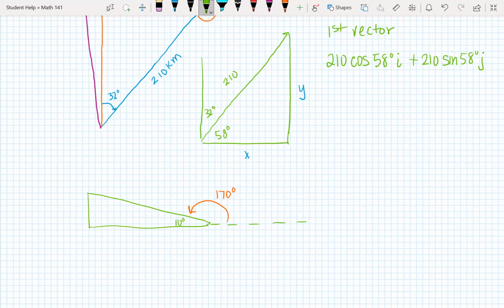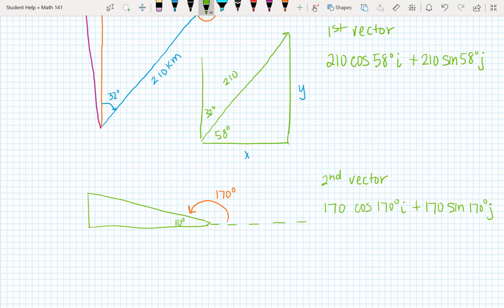So for our second vector, we take the length, which was 170 kilometers, times the cosine of 170 degrees, times i, plus 170 times the sine of 170 degrees, j. Just a coincidence that the same numbers are there.